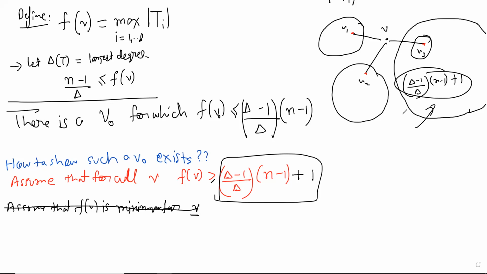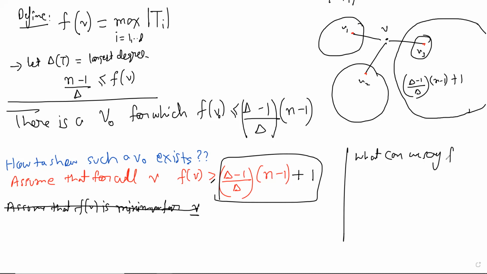What could you say about f(v3)? That it must be bigger than the assumption that we assumed, for all v it is bigger. So v3 must be bigger than... No, I think that's not necessarily true.